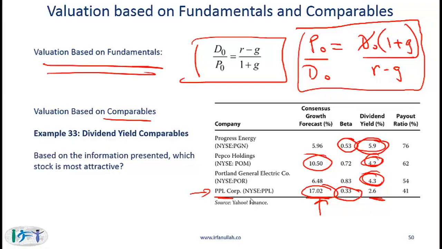If you are purely interested in high dividends, then this company, Progress, might appear appealing because it has the higher dividend rate, and the beta is also somewhere in between, so it's not overly risky compared to the peer companies. So bottom line is, it really depends on you over here. There is no obviously attractive company in this list.